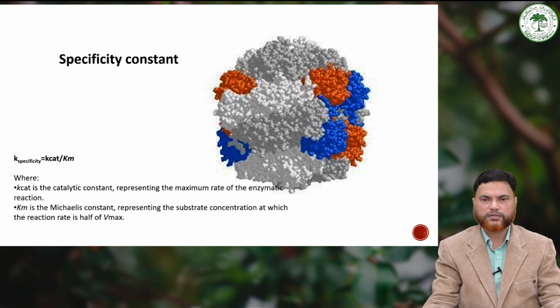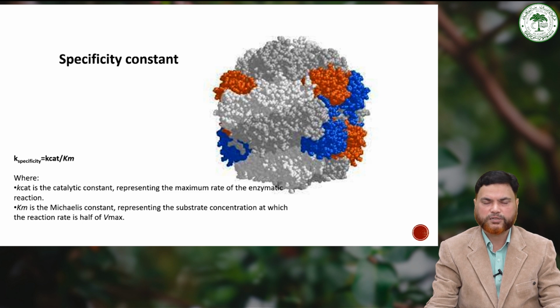Basically this constant combines two important parameters: the catalytic constant, which represents the turnover number or the rate, you can say, at which the enzyme converts substrate into product when it is fully saturated, which we just discussed before, and the Michaelis-Menten constant, which generally indicates the affinity of the enzyme for its substrate. So this can be mathematically calculated.